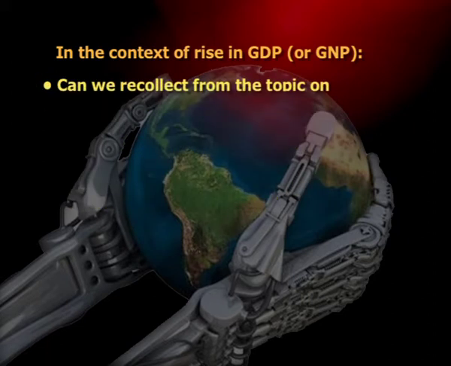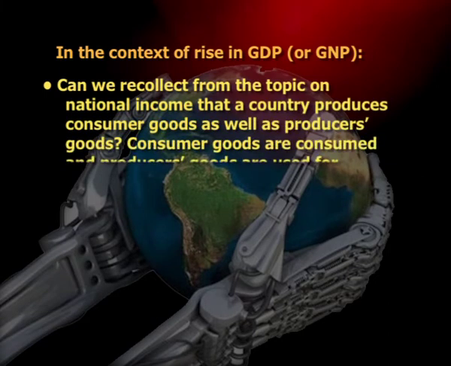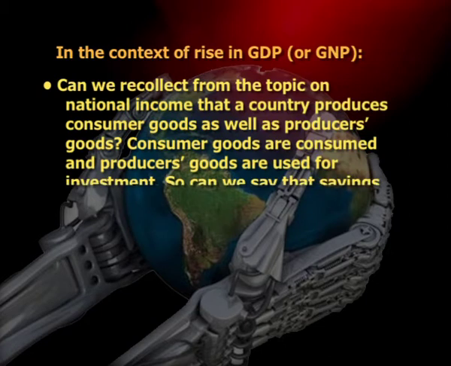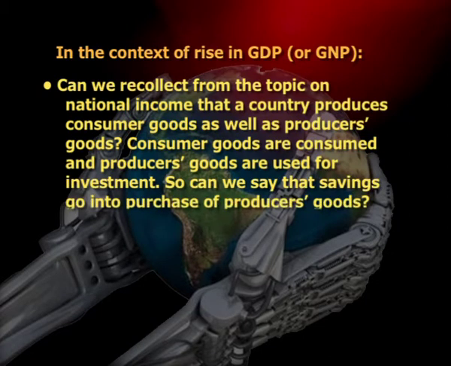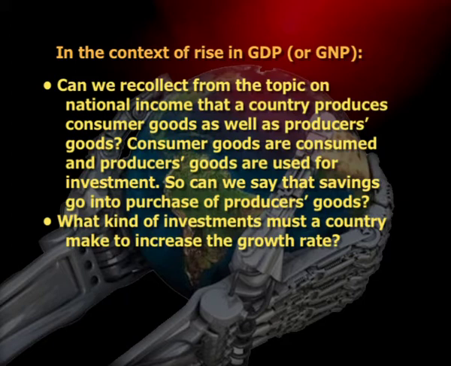Can we recollect from the topic on national income that a country produces consumer goods as well as producers goods? Consumers goods are consumed and producers goods are used for investment. So, can we say that savings go into purchase of producers goods? What kind of investments must a country make to increase the growth rate?